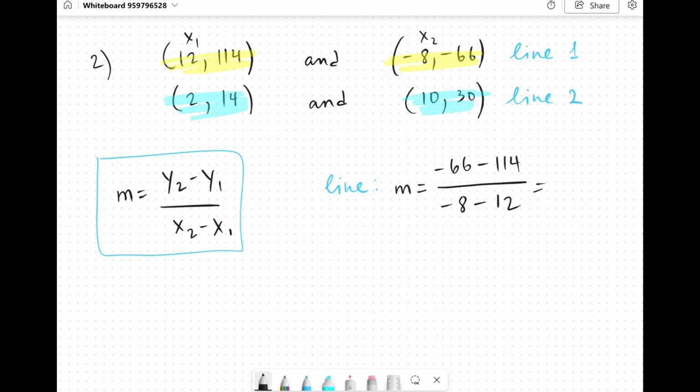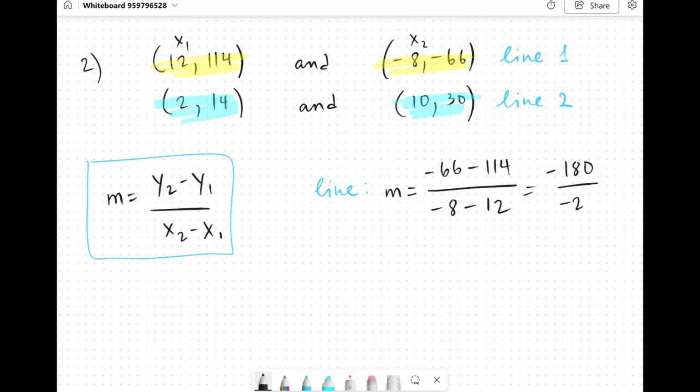So on the top you have negative 180, and on the bottom you have negative 20. Once you divide negative 180 by negative 20, you get 9.